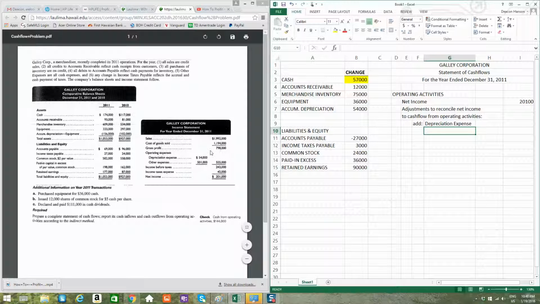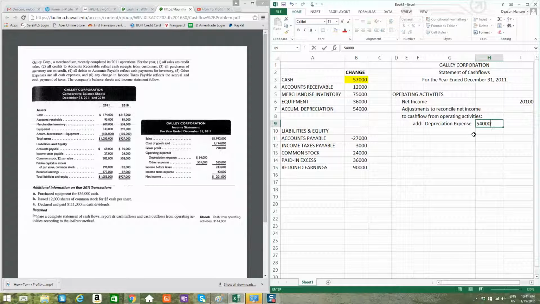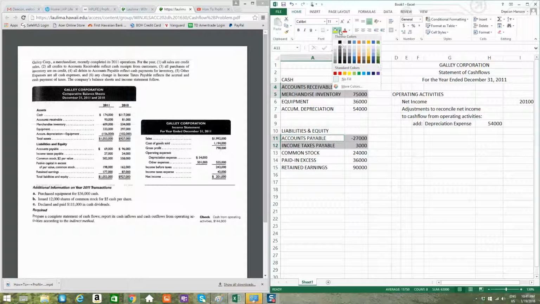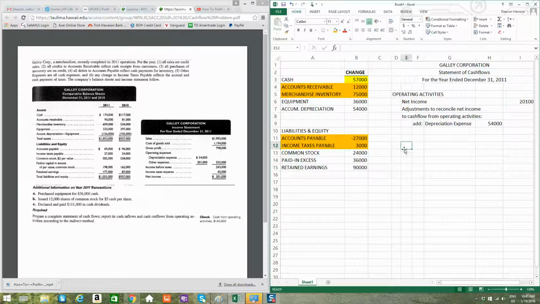So there's your depreciation expense, 54,000. Okay. Then we're going to look at our other current assets aside from cash and our current liabilities. Okay, over here in orange, right?